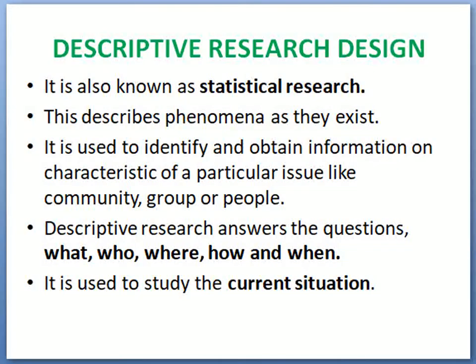Or in other words, we can say that this type of research describes social events, social structure and social situation, etc. So descriptive research answers questions like what, who, where, how and when, and it is used to study the current situation, and it requires a lot of data, and it actually builds on an exploratory research.